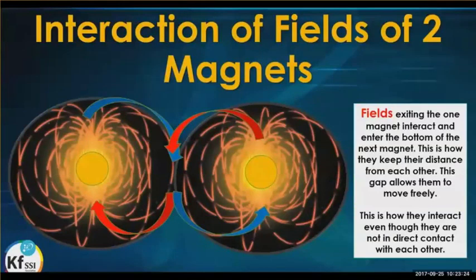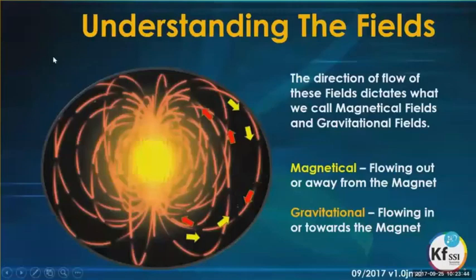You're dealing with the same magnetic fields, but from a plasma point of view. So we've got to understand the fields. It's the direction of the flow of these fields which dictates what we call magnetical fields and gravitational fields. So the fields flowing out or away are magnetical, and the fields flowing in towards the center are gravitational.